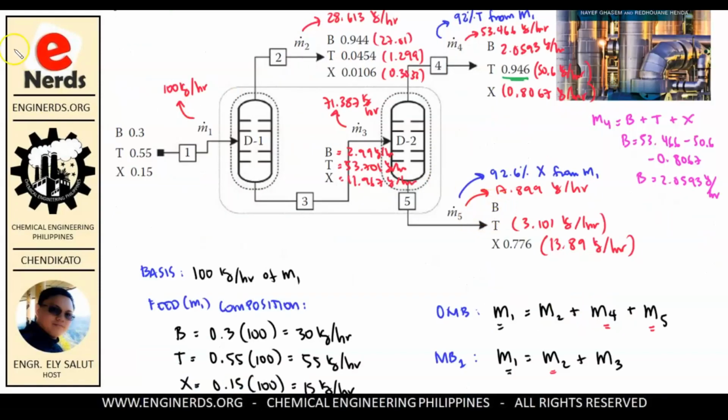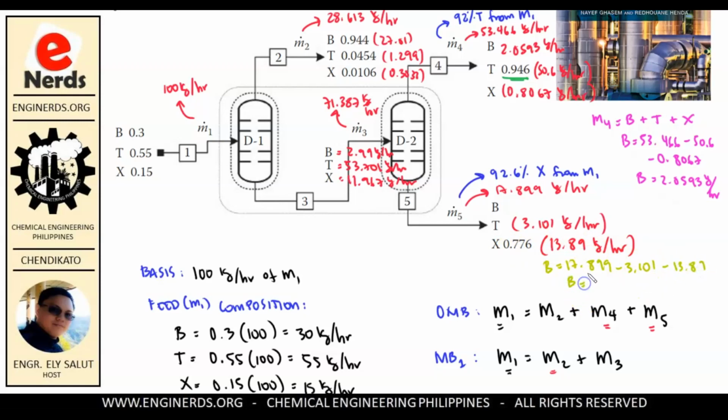Okay, so the same on what we're going to do here. Our benzene here is equal to our M5, which is 17.899 minus our toluene, which is 3.101 minus our xylene, which is 13.89.